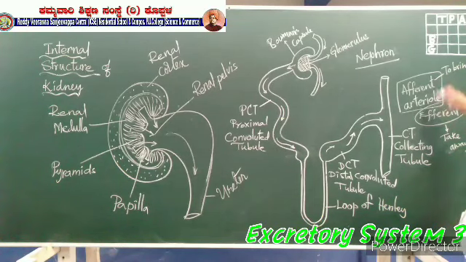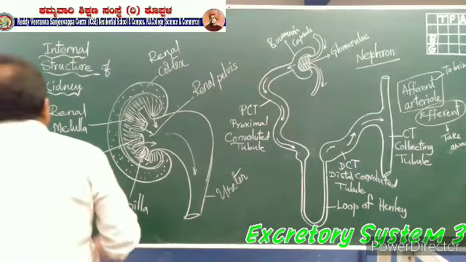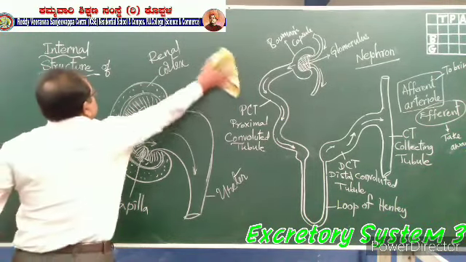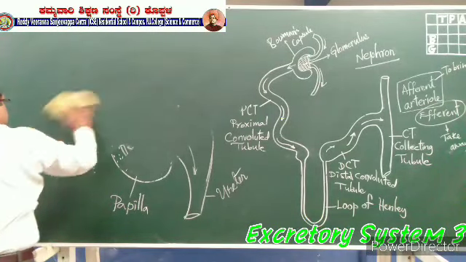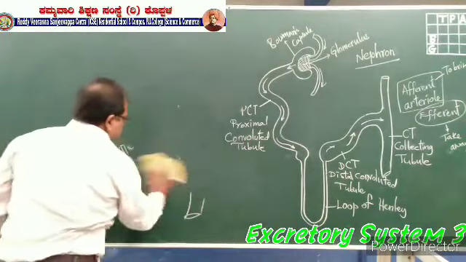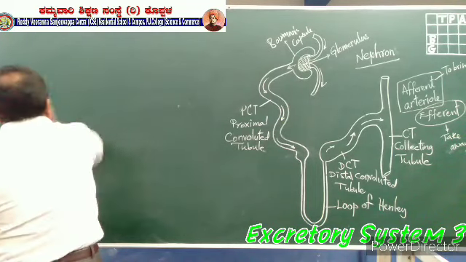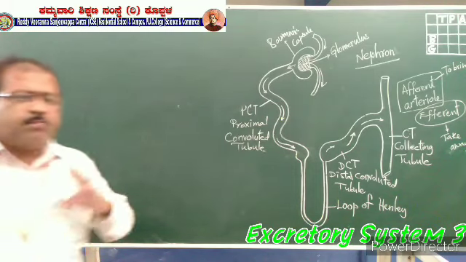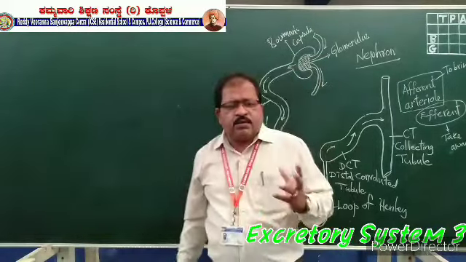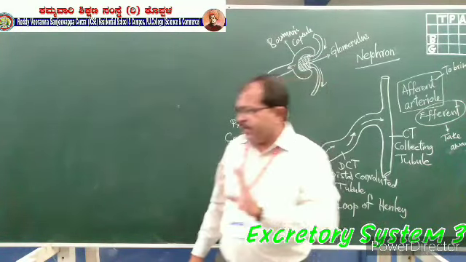So let us learn about these blood vessels now. The blood vessels entering into the kidney and the blood vessels going away from the kidney are of two types.